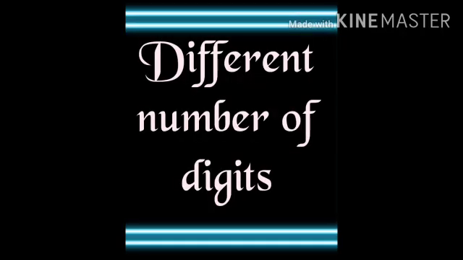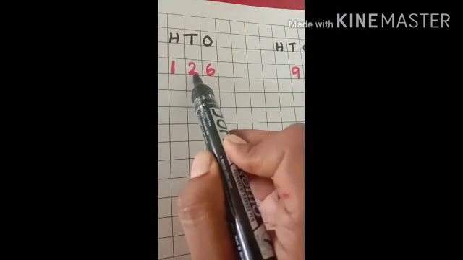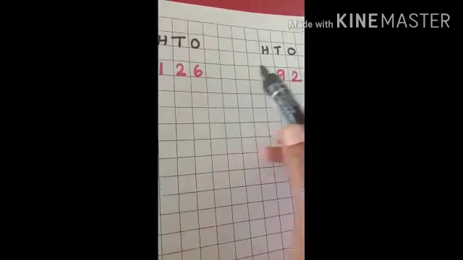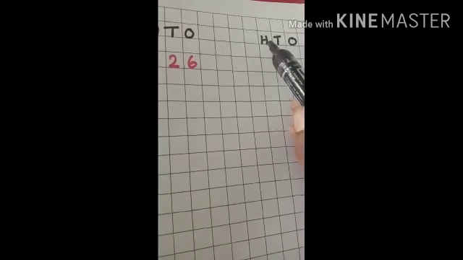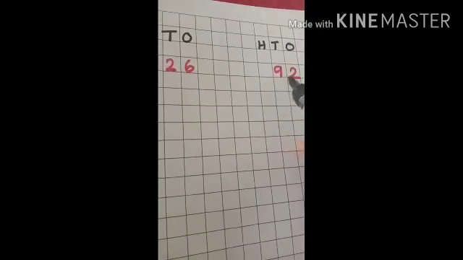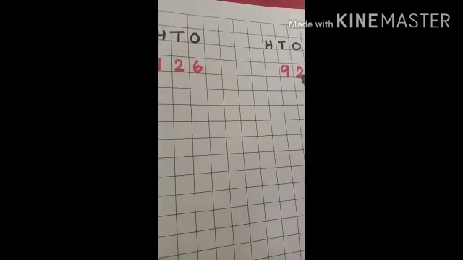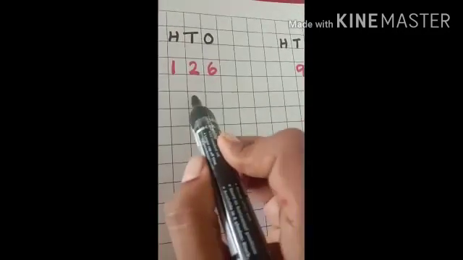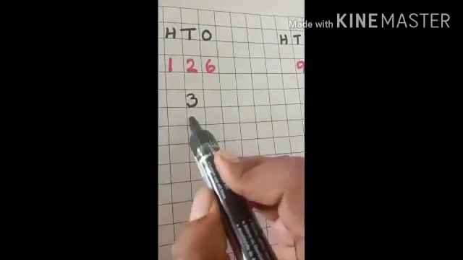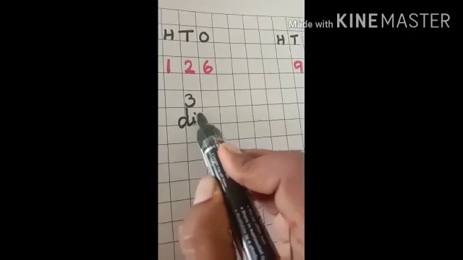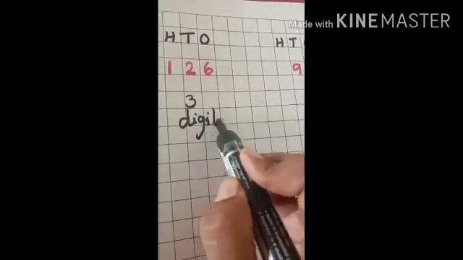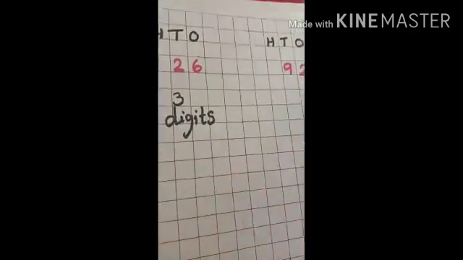Okay, cuties, now we are going to compare different number of digits. Here we got 126 and there we got only 92. Here we got 3-digit number. Yes, we got 3 digits here.